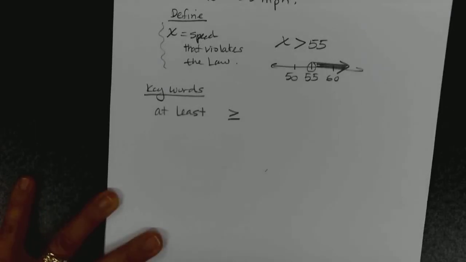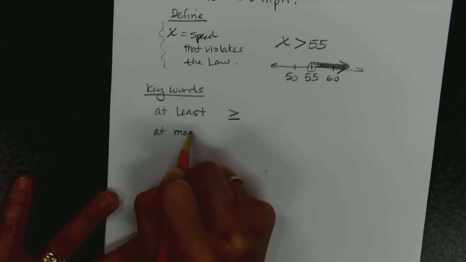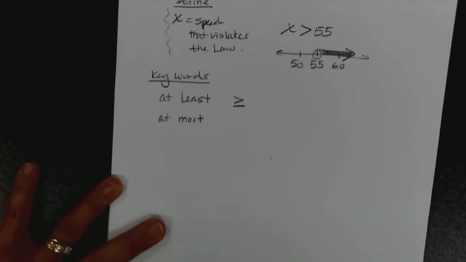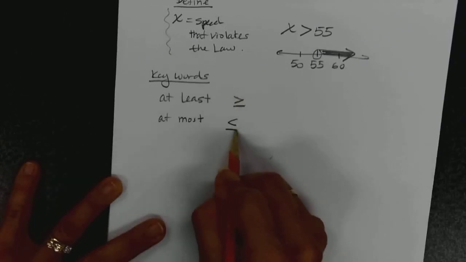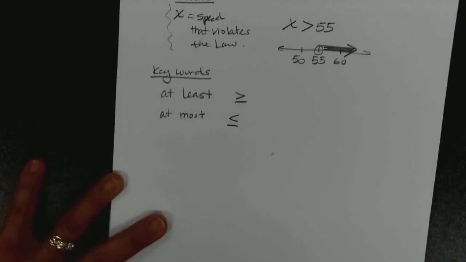At most. That's a maximum. So what symbol do you think we're going to use for that one? Opposite of this, right? If it's greater than or equal to, what's the opposite? Less than or equal to.